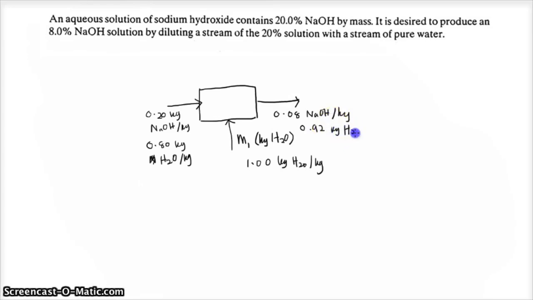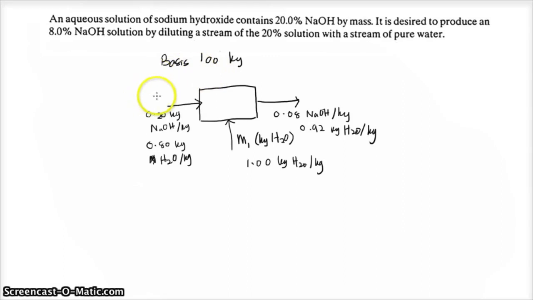kg H2O per kg. So for the basis of calculation, since it is by mass, you can use mass. So the basis of calculation is kg, but this question doesn't give how many kg, so we just assume 100 kg just to balance the equation.